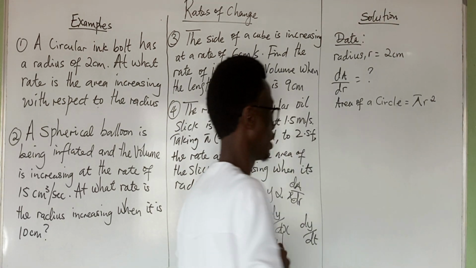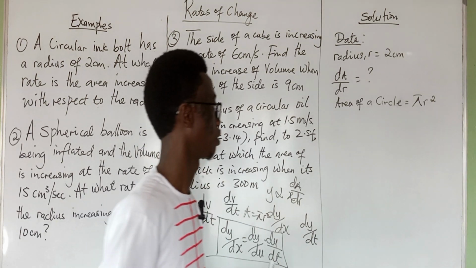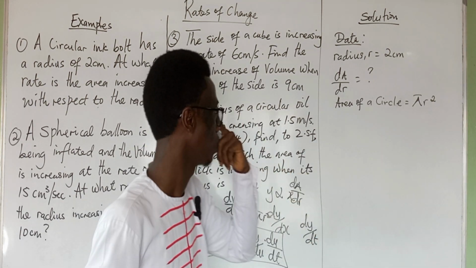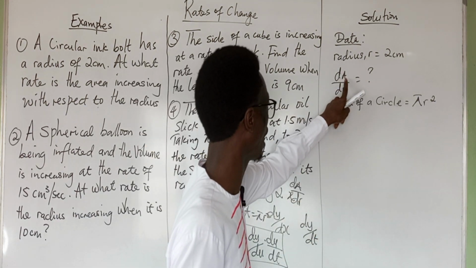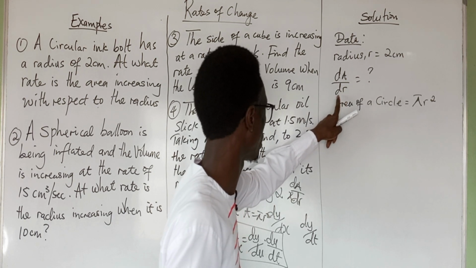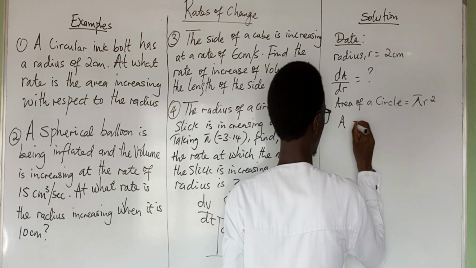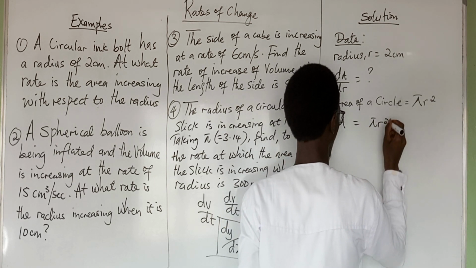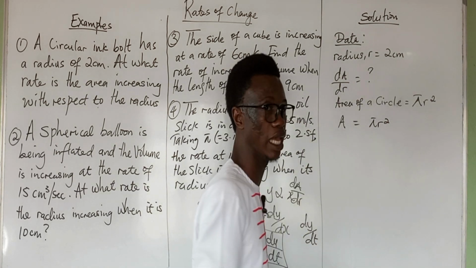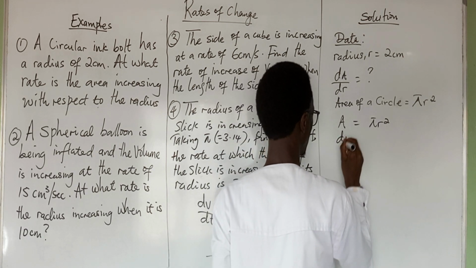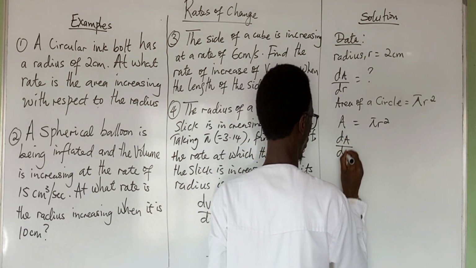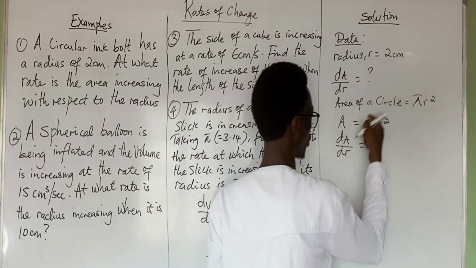Okay, that's one thing we all know. Now, if the area is increasing with respect to r, so it means if A equals pi r squared, we have to find dA over dr. So that means differentiating, dA over dr must equal this.